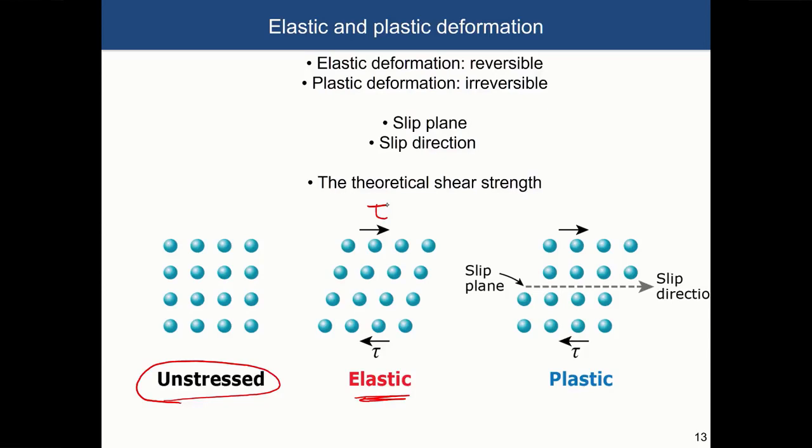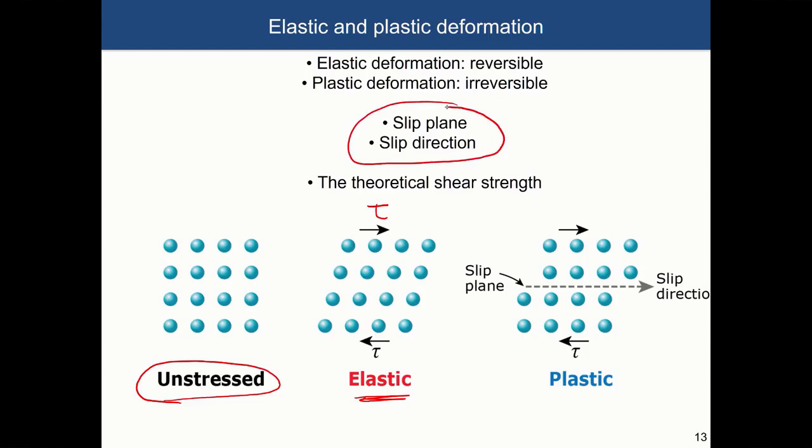So the question is, can you calculate when this happens, in which directions and in which planes it will happen? If you apply a stress, if you know the material, the density of the atoms, the type of bonding, can you predict where, when, and how it will happen, what will be the magnitude of the plastic deformation, etc.? For a given material, you can define a slip plane and a slip direction.